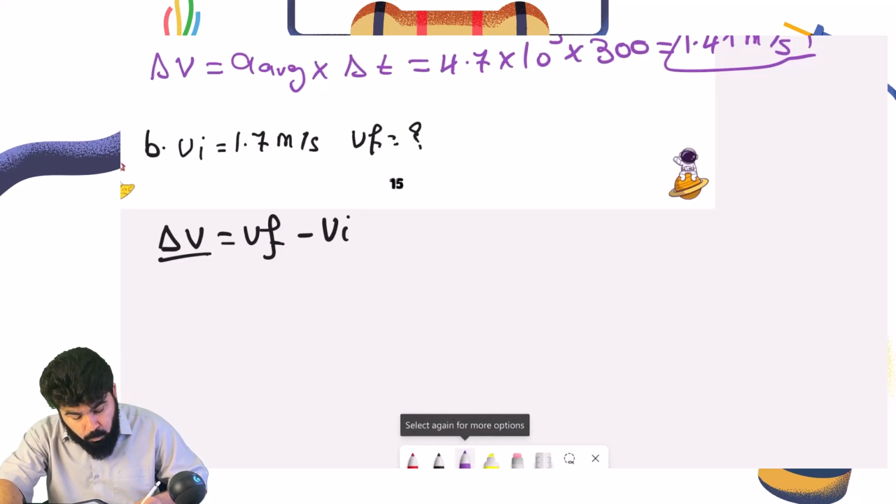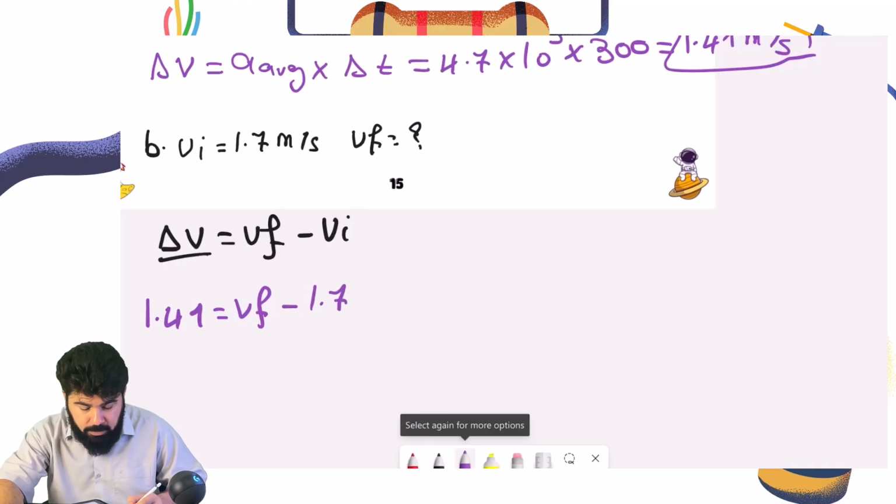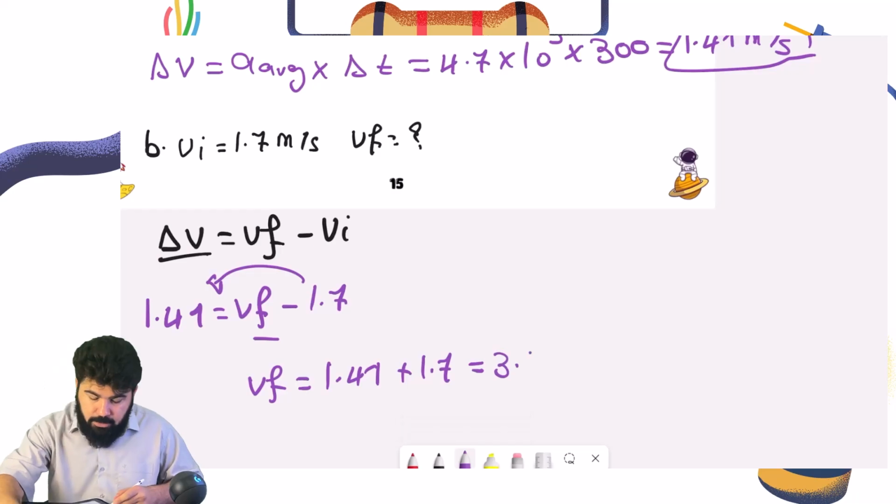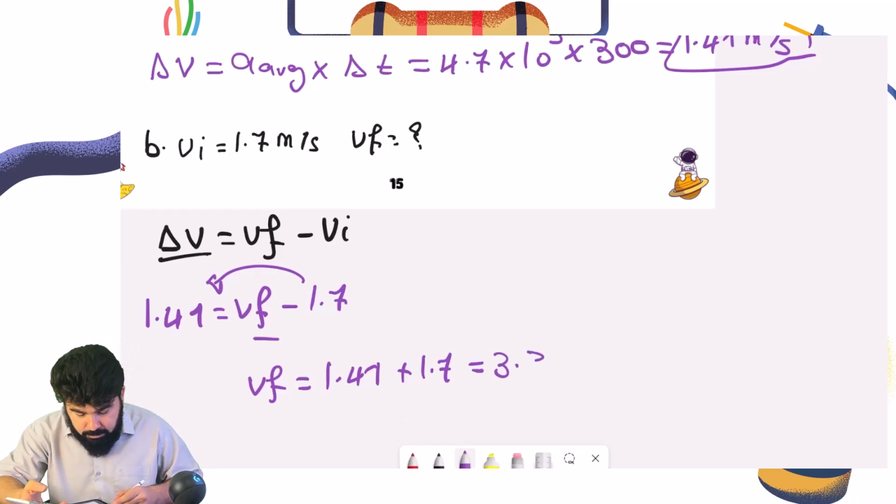So 1.41. Do you have V final? No, we are searching for V final. Minus V initial, which is equal to 1.7. Now to find this, take this to the other side. V final is equal to 1.41 plus 1.7. This is equal to what? I think 3.13 or 3.31.